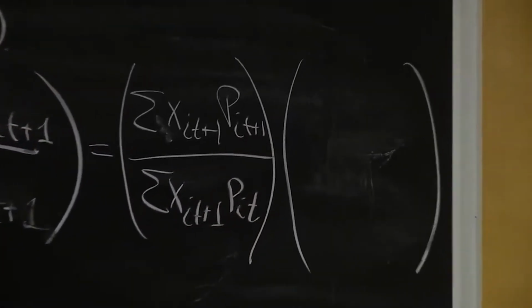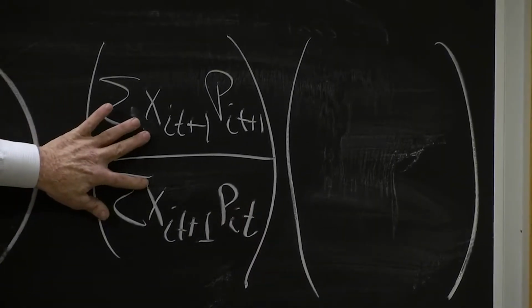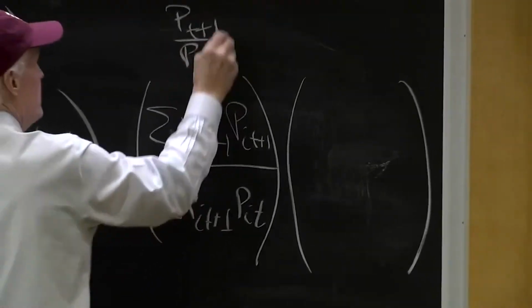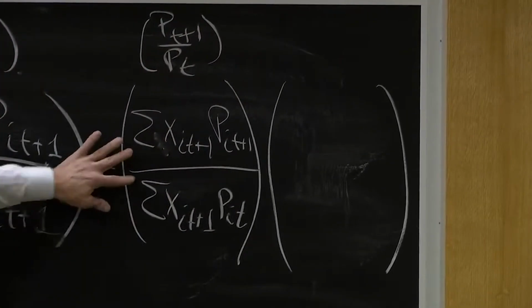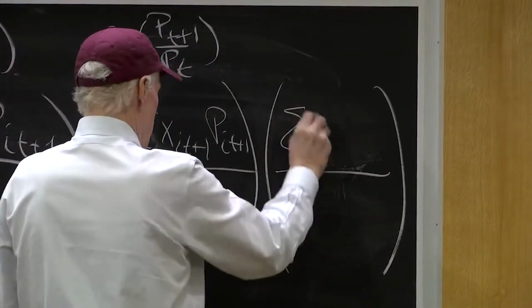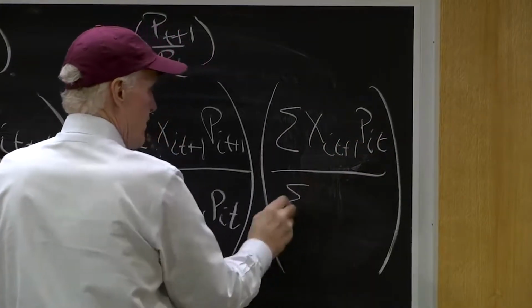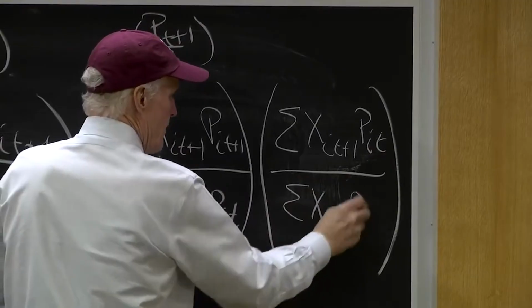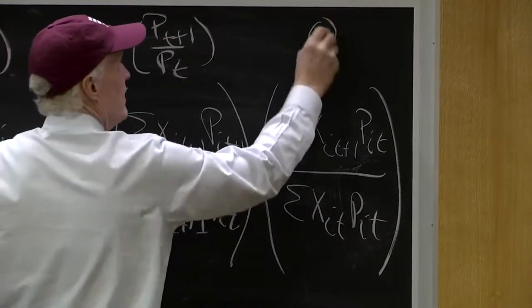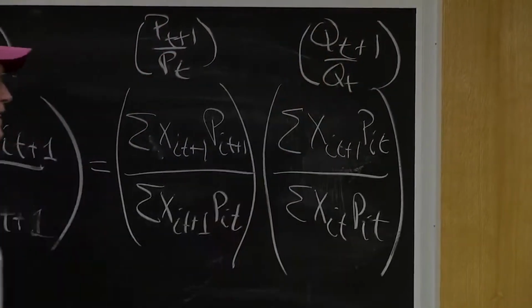So that would have been decomposing it using a price index based in t plus 1. But if I did that, then what I would need in order to make it add up again would be this same term here. So I would have ended up with a quantity index that's based in period t. Okay?